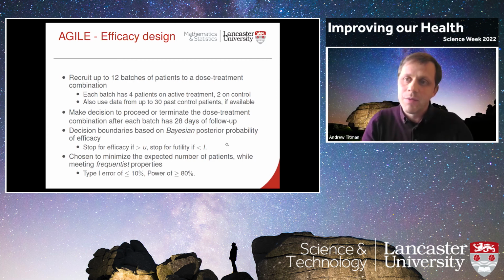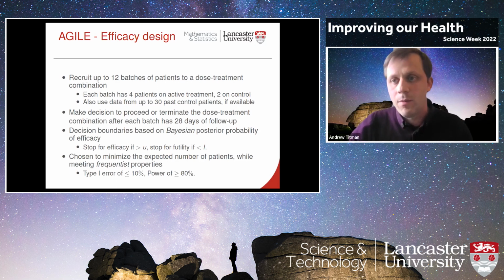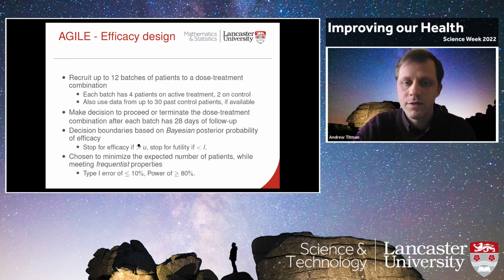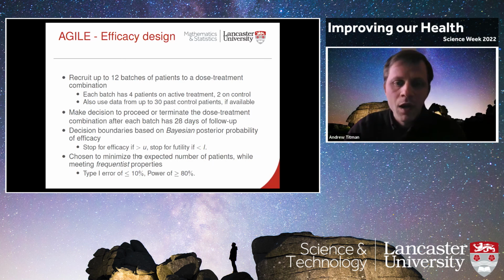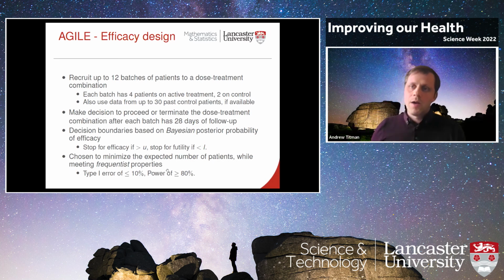So it's saying, given all the information we received so far, what's our estimate of the probability that the treatment's effective? If it's higher than some value, we're going to stop for efficacy. If it's lower than some value, we're going to stop for futility, and otherwise we're going to keep going unless we've reached that final batch. But to calibrate what those limits U and L should be, we're going to use classical methods.